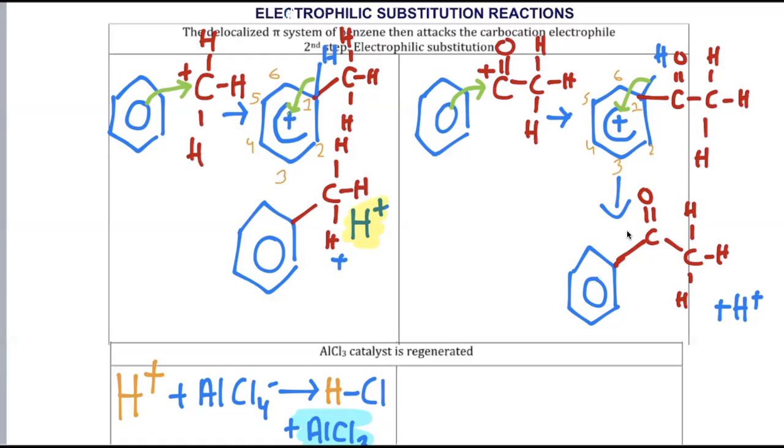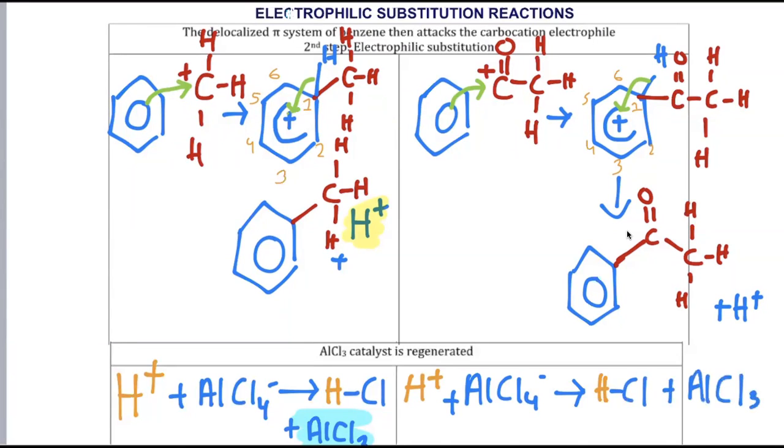Then you just stop at producing these 2 products. You don't have to move on further where you show the catalyst is being regenerated. But if they do say to show the catalyst being regenerated, then of course you have to add on an additional step. Same thing, which I will not explain because it's basically the same explanation, plus AlCl3. Okay?